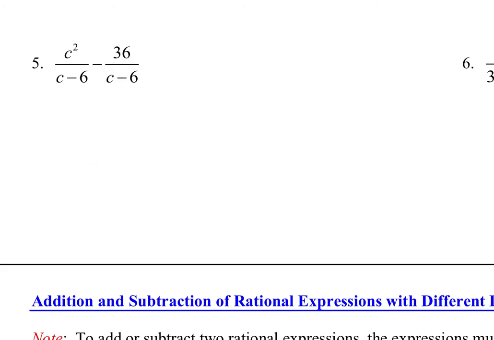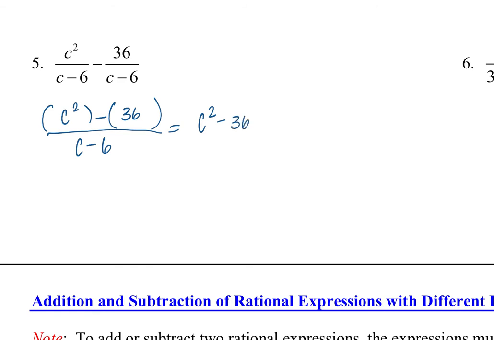On number 5, both of these expressions have the same denominator. So we will leave it as c minus 6, and the numerators do not change. Again, because they had the same denominator. So c squared minus 36 all over c minus 6.